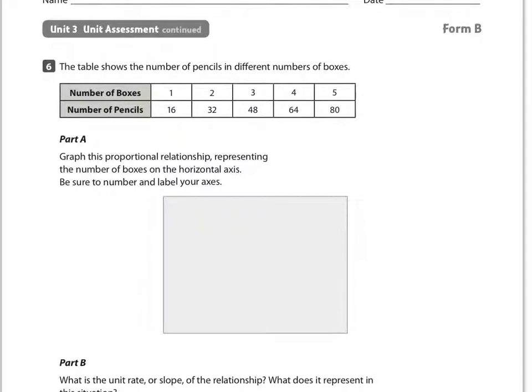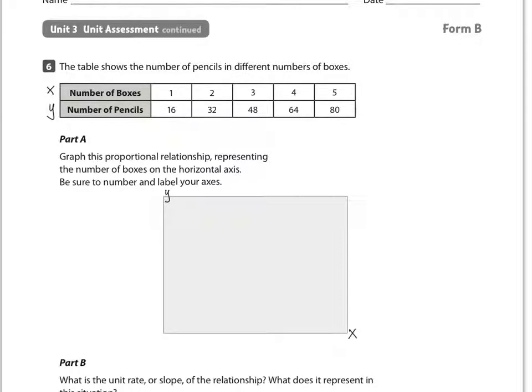For number 6, the only thing you need to do is graph the numbers on the table. The first row will be your x, the second row will be your y. This is going to be your y-axis, this is going to be your x-axis. The only thing you need to do is use the numbers.